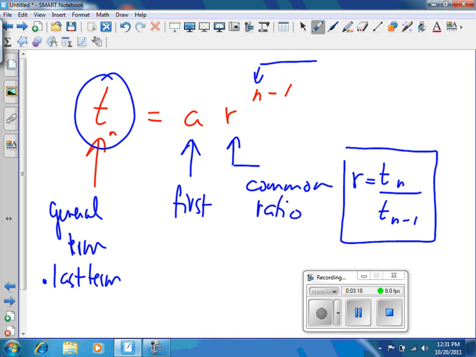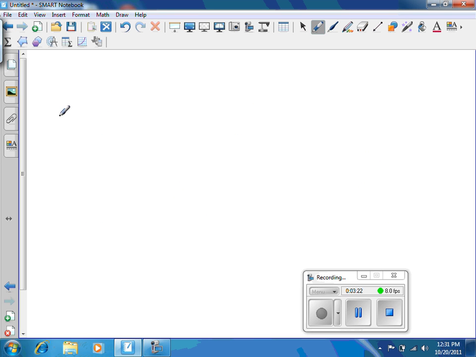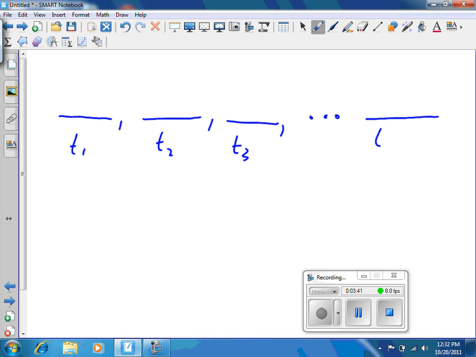The other thing that we developed last day was a little schematic or a little visual for you visual learners, which is most of us, benefit from a little picture. Let's say this is the first term and this is the second term and this is the third term and this is the general term or the nth term.